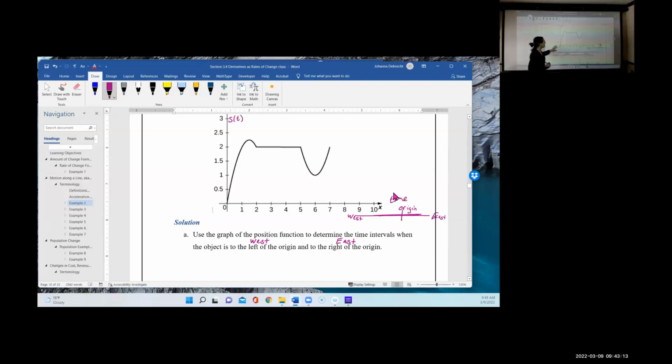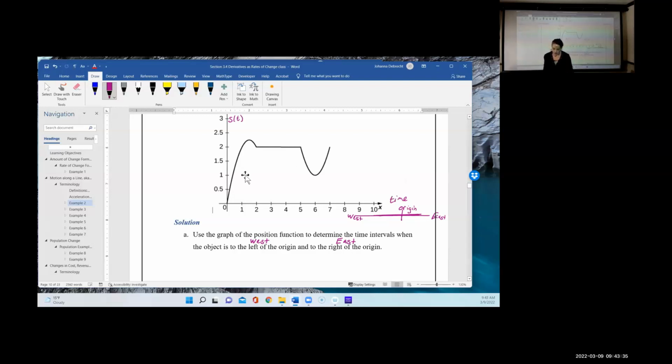Notice that the entire graph is above the t-axis. There's no point on this graph that comes below the axis. The position is never negative. If the position is never negative, then it's never going to be to the west of the origin.